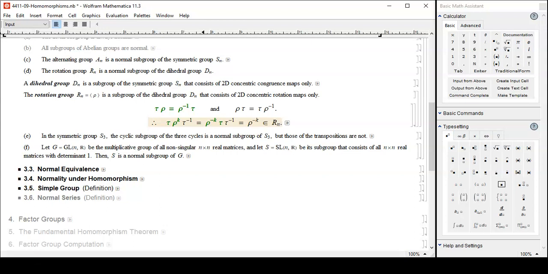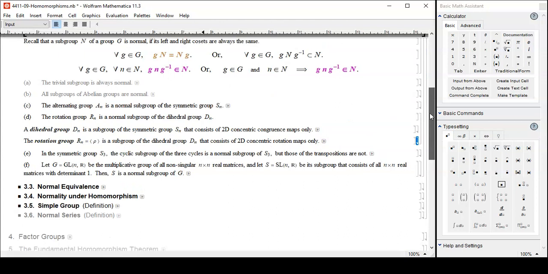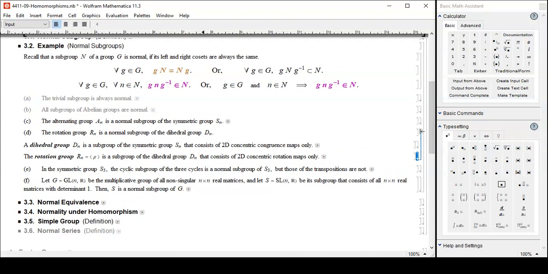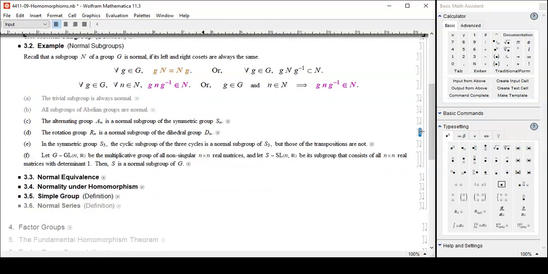So this cyclic group, or the rotation group, is normal. The conjugation stays in the same group. So we just went through another non-trivial example, the rotation group inside the dihedral group.